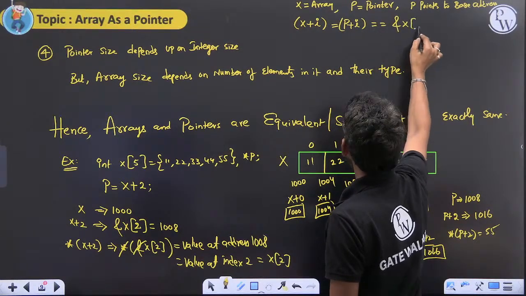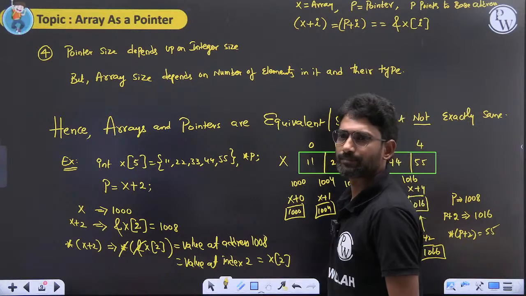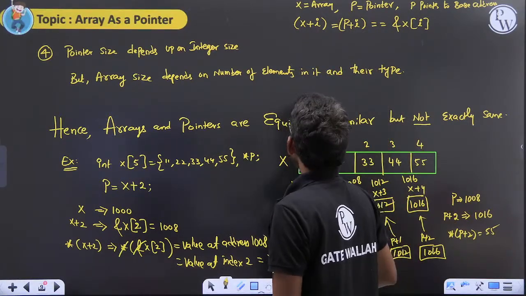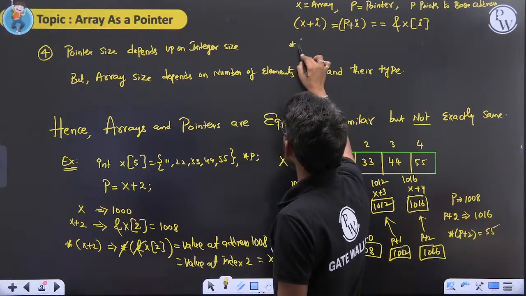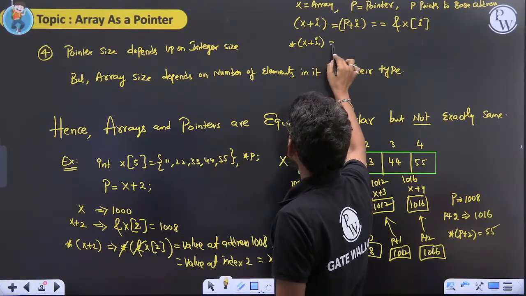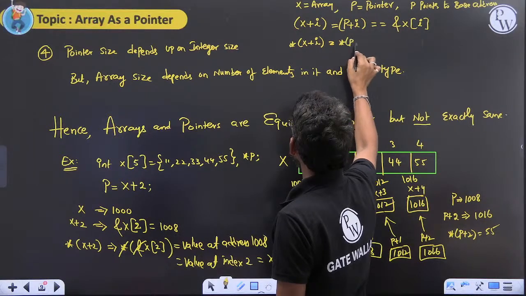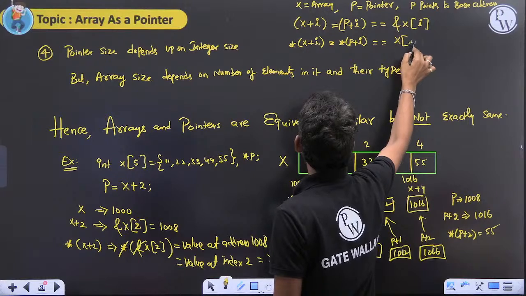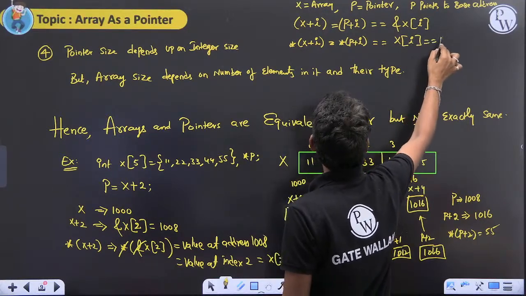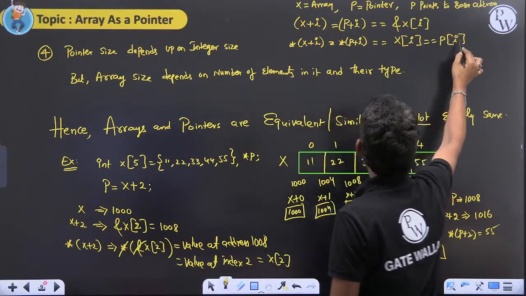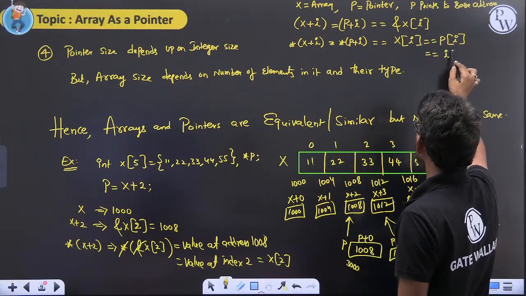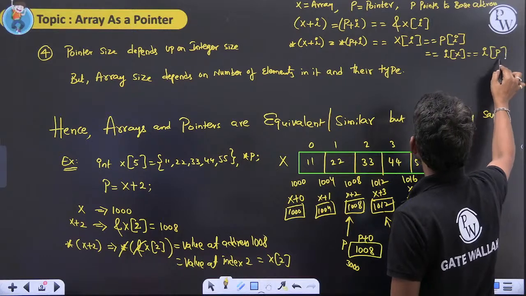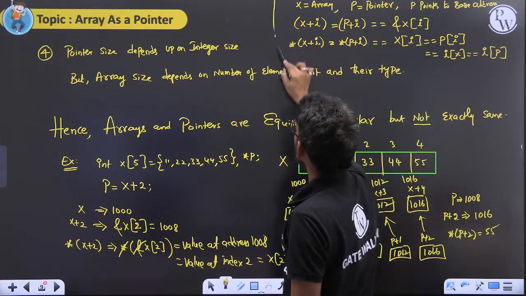Address of X of I. Similarly, star X plus I or star P plus I will give you what? Value X of I, or you can also say P of I, or you can also say I of X or I of P. All are the same in meaning.